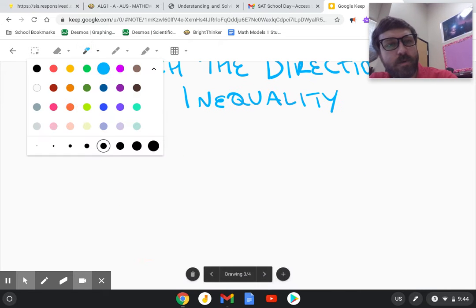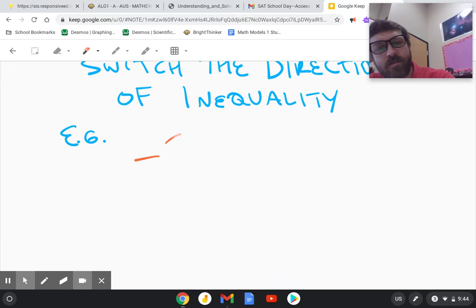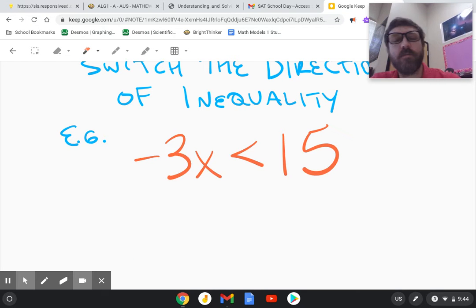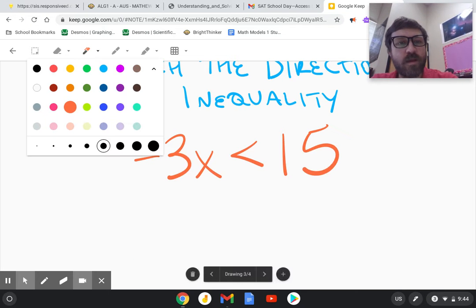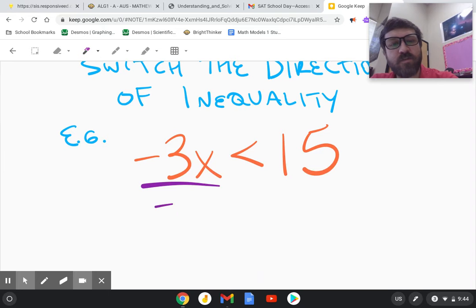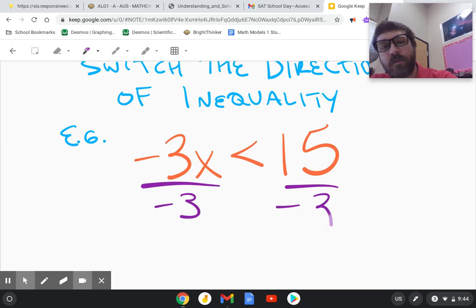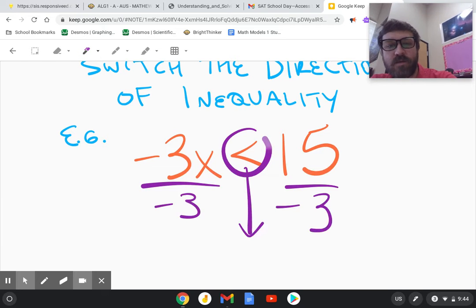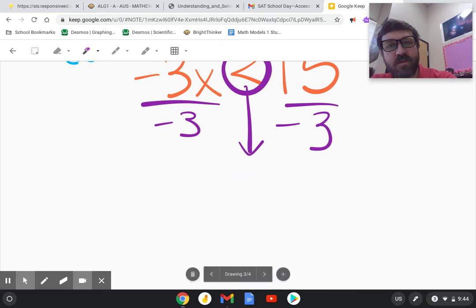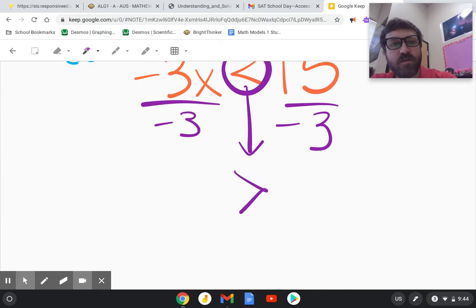if you had the following: negative 3x is less than 15. Again, if I'm solving this correctly, I'm going to divide by negative 3 on both sides. When I do that, I have to do something to this. Because of the negative, this is going to change to go the opposite direction.